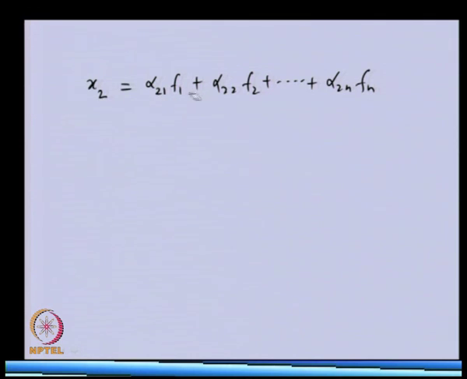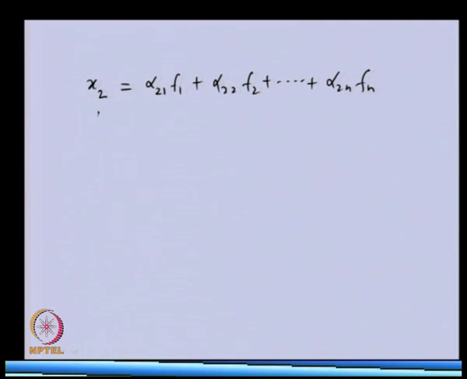Now, subscripts have changed. So, here you can see that in all these constants we have the first subscript as 2, which represents that we are interested in obtaining the displacement at location 2, and the second subscript represents the forces at various disk locations, like here 1, so force 1, 2, so force 2, n, so force n.